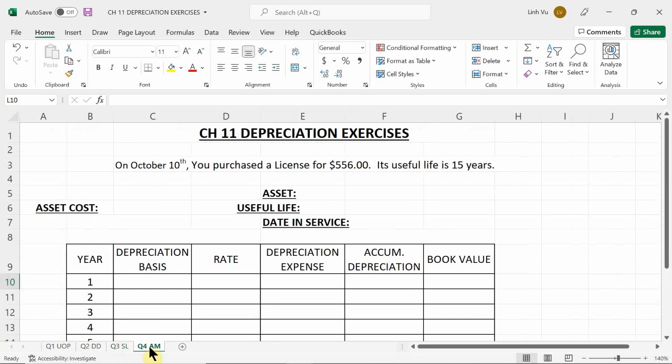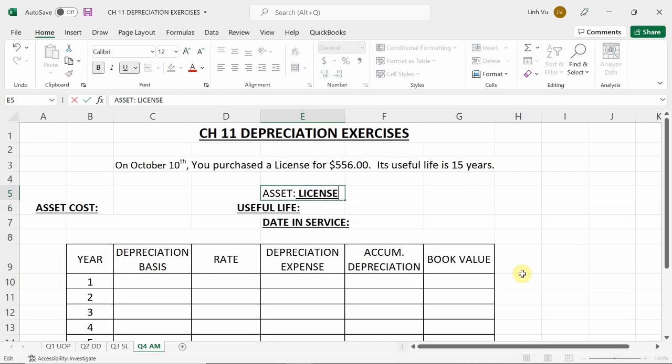Last question for the exercise here is amortization. On October 10, you purchased a license for $556, and it has a useful life of 15 years. So we bought a license.